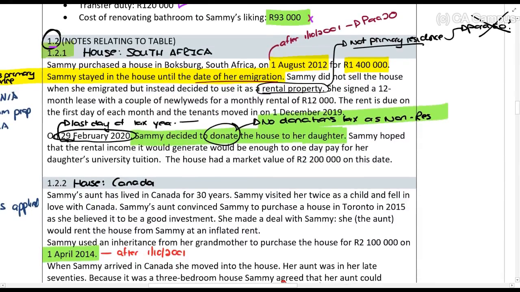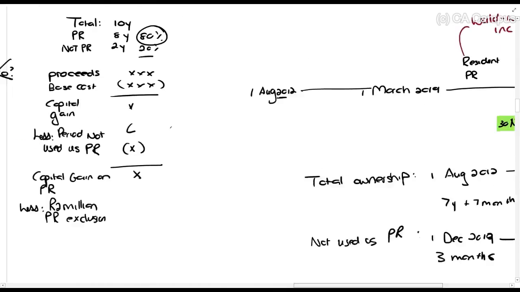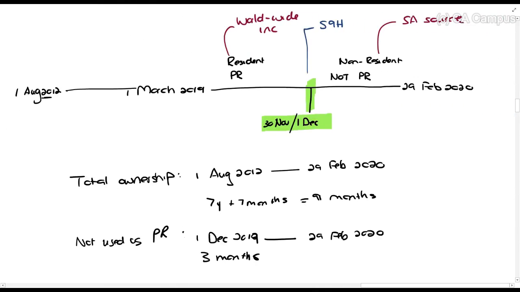So 1.2.1 is the house in South Africa. So again, remember now, this house in South Africa, she had it until the 29th of February when she donated it. So this means, if we look at our time period, she had it from the 1st of March until the 30th of November, which is our one period when she was a resident.